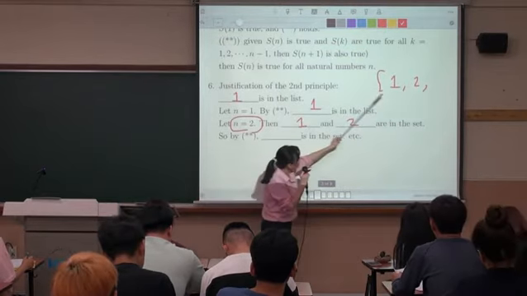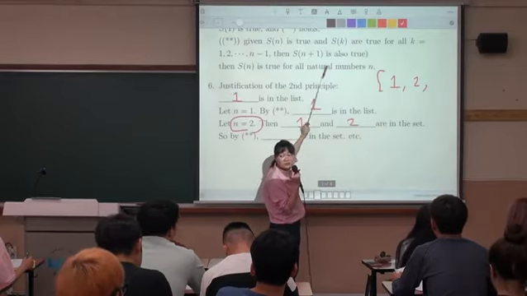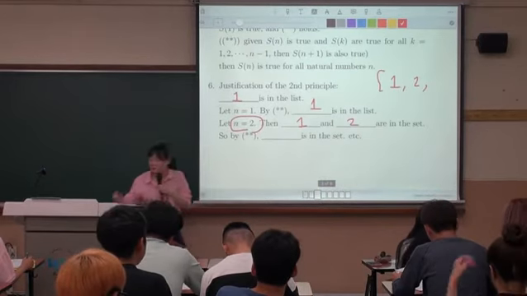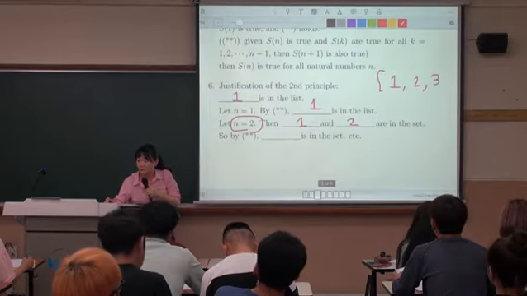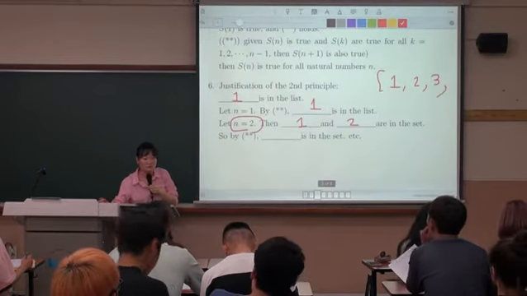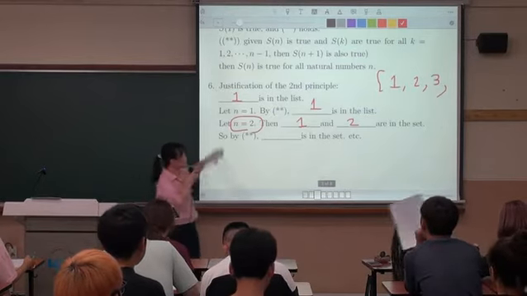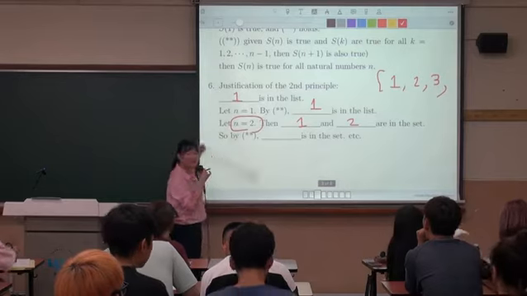If there are 1 and 2, then 3 is also true. Then 3 is in the set. So we get 3. So on and so forth. So this again generates all natural numbers.